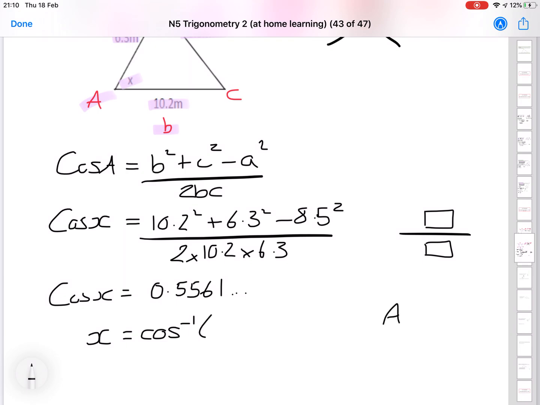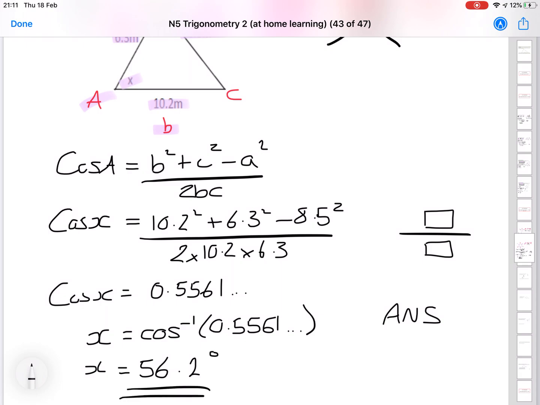Use that answer button if you can. Here you will get an answer of 56. I'm going to go for one decimal place, so 56.2. 56 would be fine as well, if you want to go for the nearest angle.